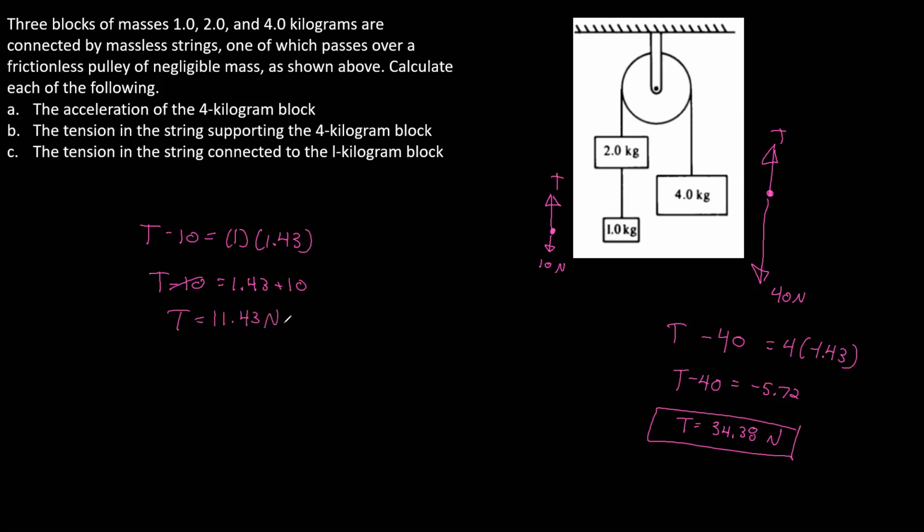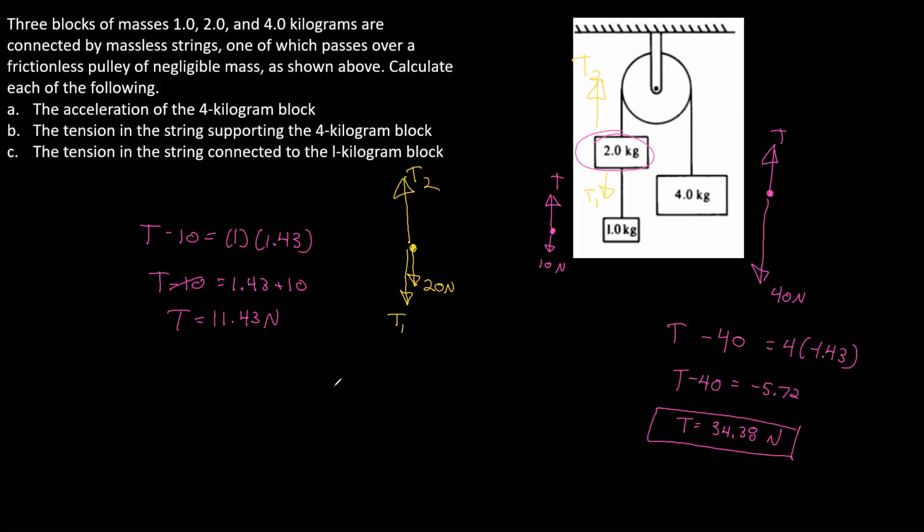The slightly more complicated, but equally valid thing to do would be use the 2 kilogram block if you felt like a challenge, because that would have 20 newtons of gravity down. It would also have, we'll call it T1 down, the bottom string, and it would have T2 up, the top string.